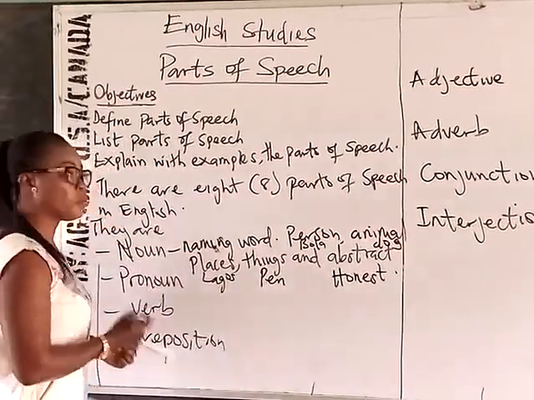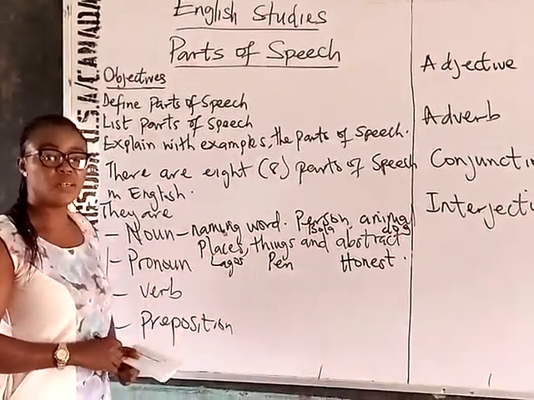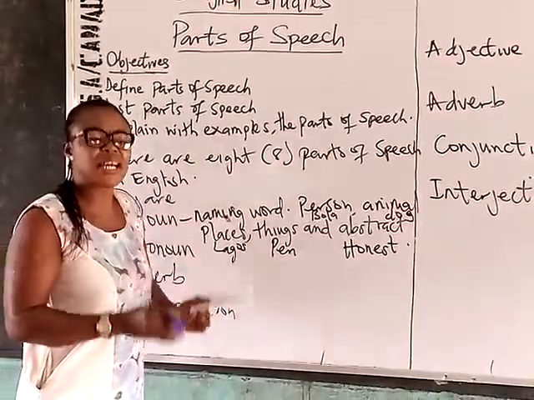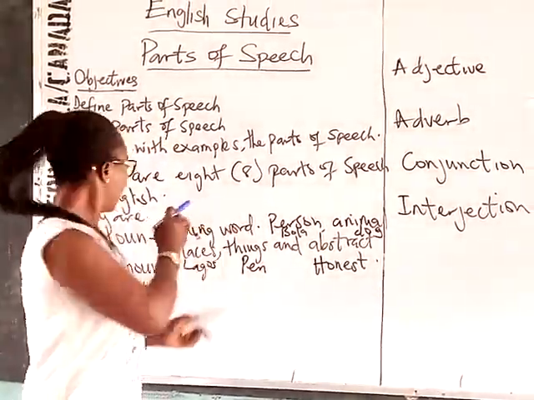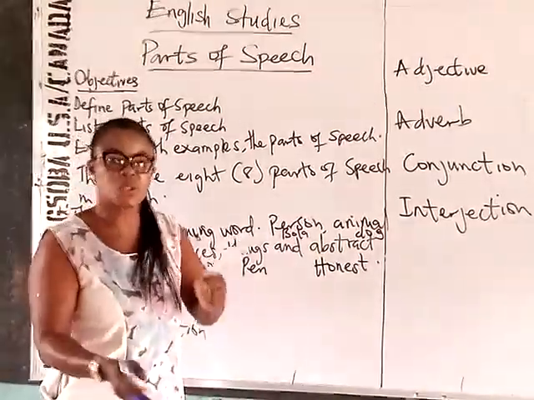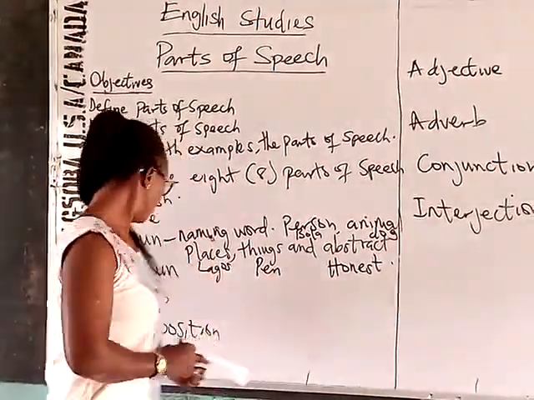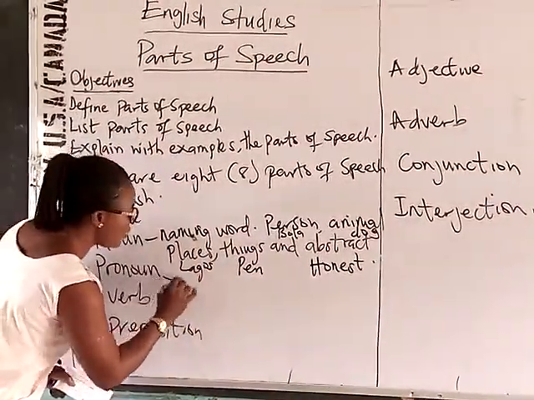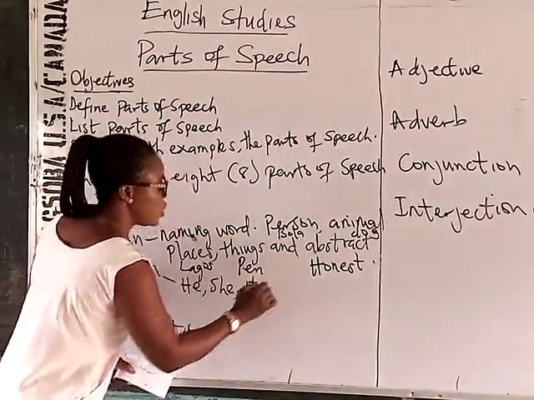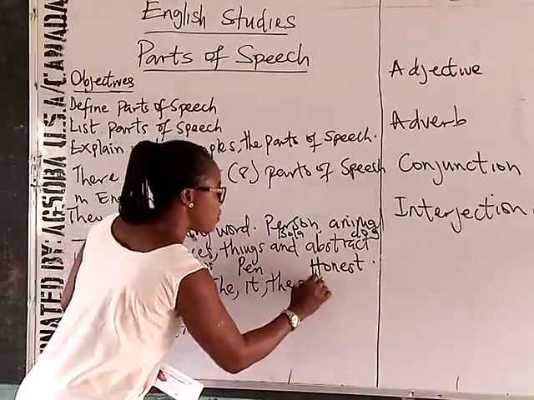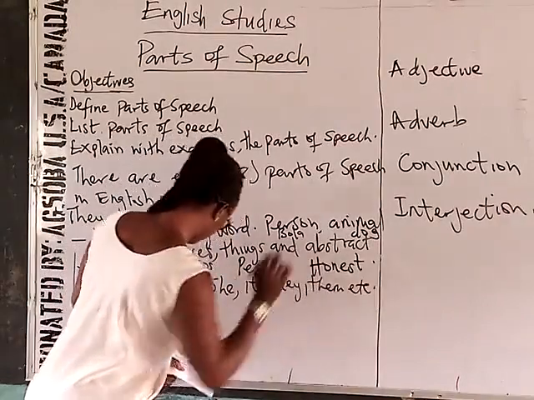From there, I move to pronoun. What is a pronoun? Pronouns are words that are used instead of, or in place of, nouns. They are used to replace nouns. For example, we have he, she, it, they, them, etc.